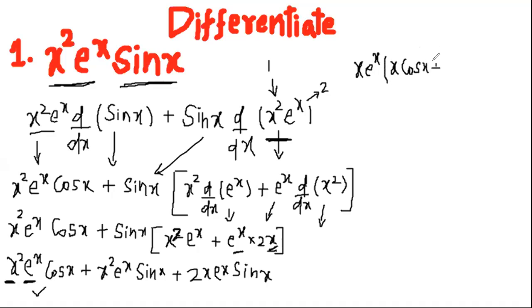In second term, you have taken x out, so one x will remain. E to the power x already you have taken out, so sin x will remain. So you can write sin x. And in third term, you have taken x out, so we can write 2 sin x.